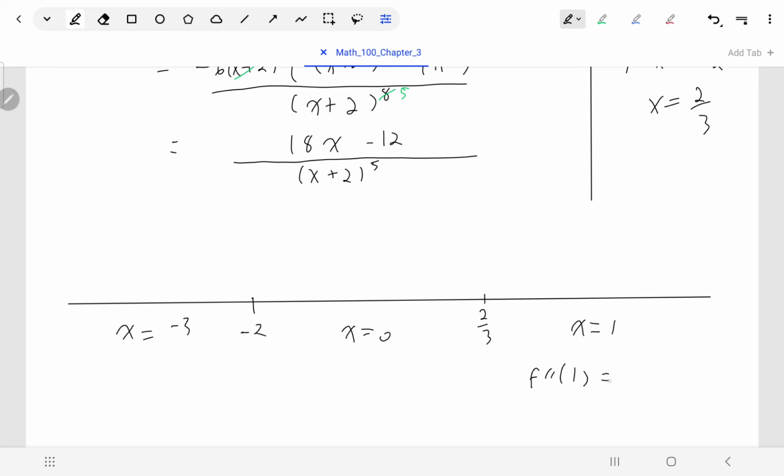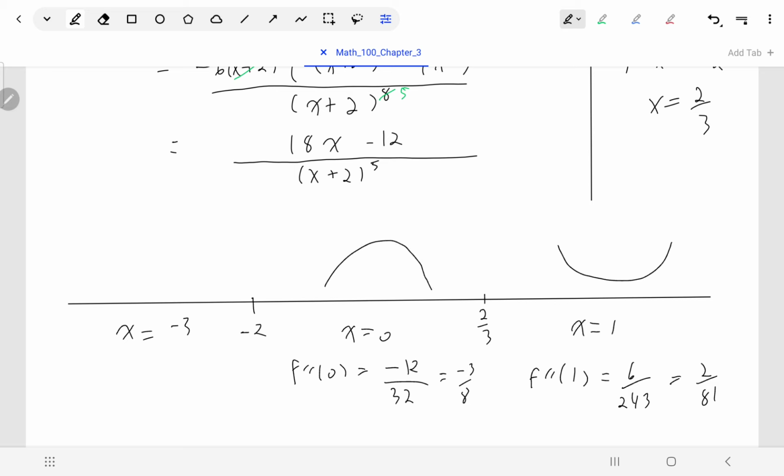We are positive, so that means we are concave upwards in that region. For my second derivative when x is 0, f double prime of 0, I'd have -12 for the numerator, and I'd have 2 to the power of 5. I'd have 32 for the denominator, or -3/8. And so that would be concave downward. There we go. So we're concave downward in that region.